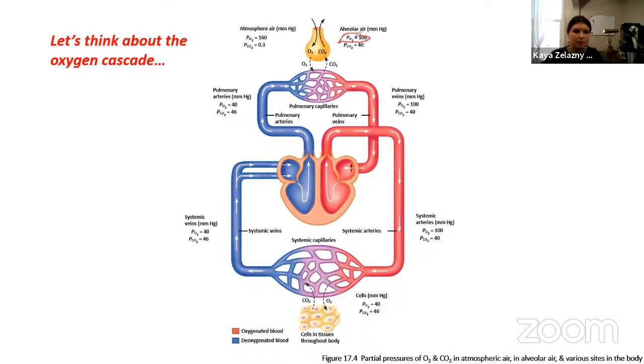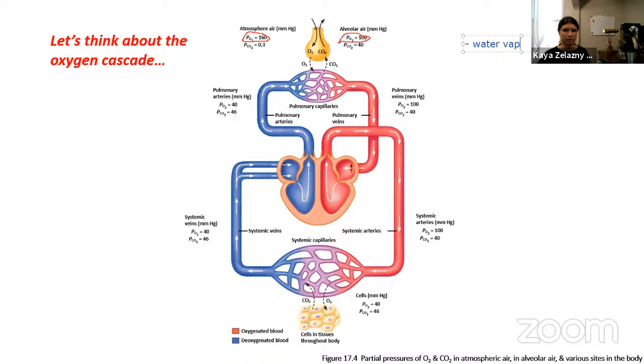So our partial pressure of oxygen in the alveoli is a little lower than our partial pressure of oxygen in the atmospheric air. And that's due to a couple of factors. We remember that we have water vapor to account for. We have humid air in the alveoli.